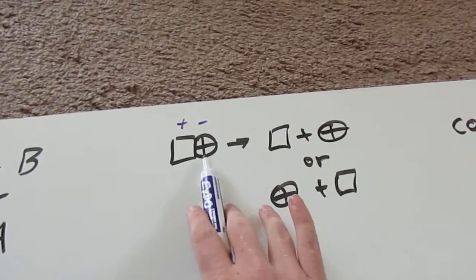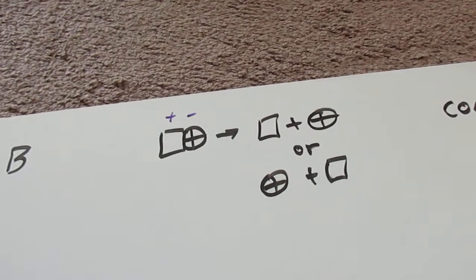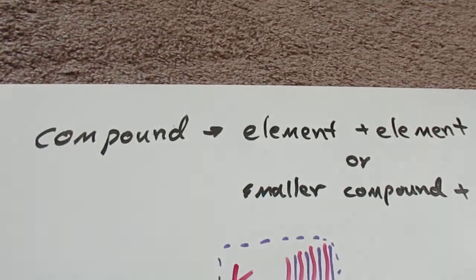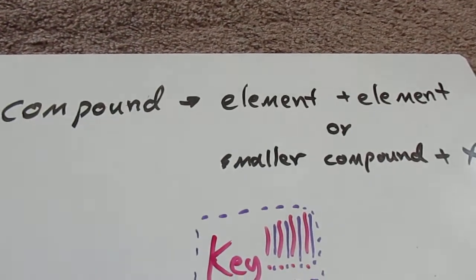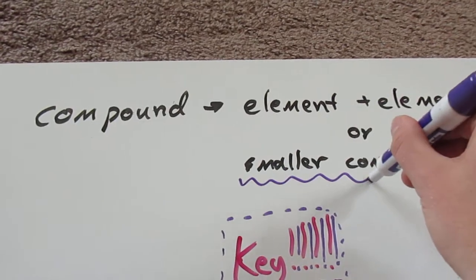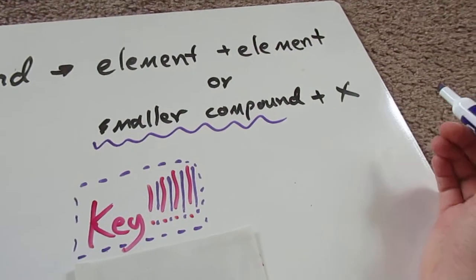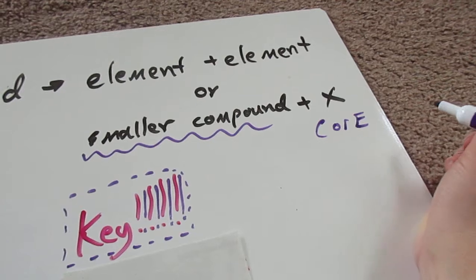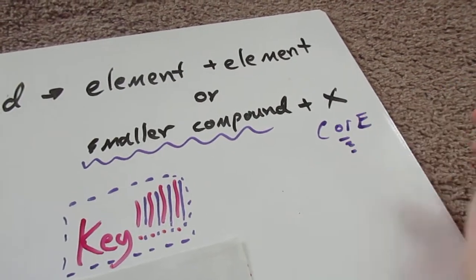So if you have square, circle, plus sign, the order doesn't matter. Or, I know some of you like looking at it like this: it's when you have a compound that's going to break up into either two elements, or at the very least a smaller compound plus something. And this could be a compound or an element. So just keep that in mind.